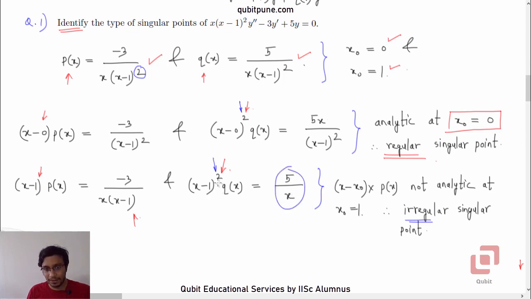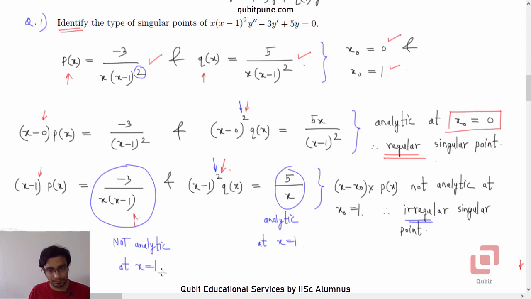So (x minus 1) squared into q of x is analytic at x equal to 1, but we will not call it a regular singular point because of this: x minus 1 into p of x is not analytic at x equal to 1. Therefore x equal to 1 is going to be an irregular singular point, because x minus x naught into p of x is not analytic at 1.